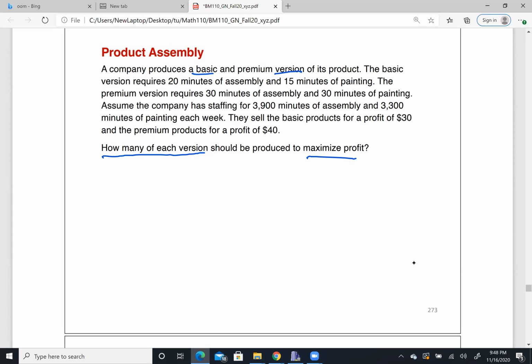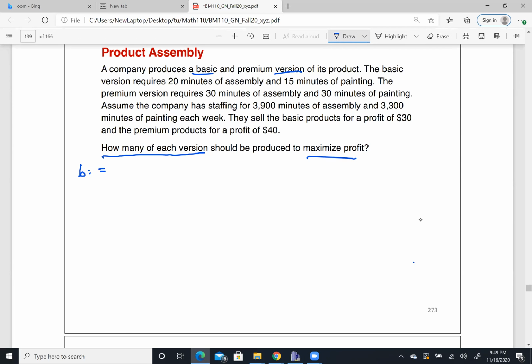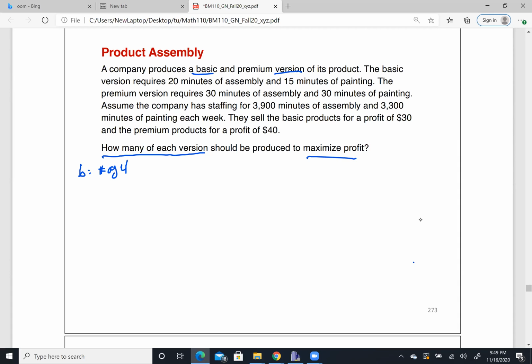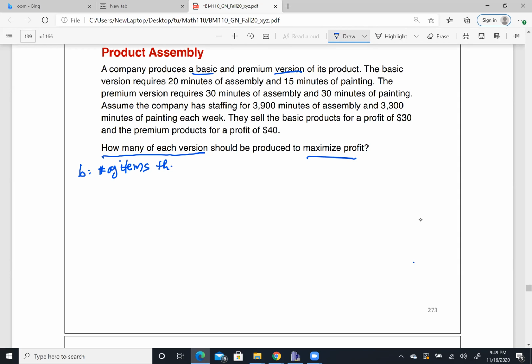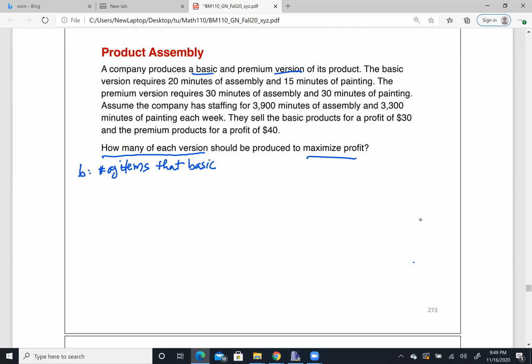Let's say B is the number of items of the basic version produced, and P is the number of items of the premium version produced.